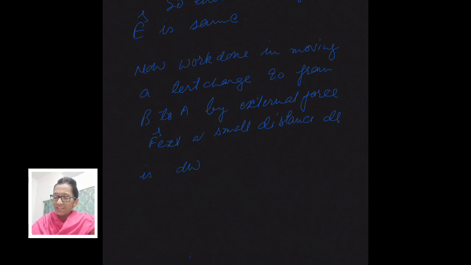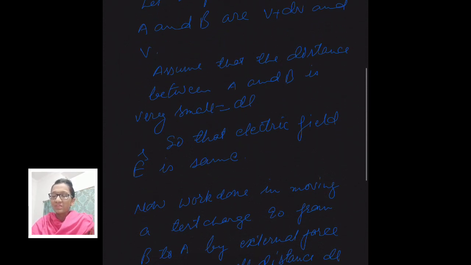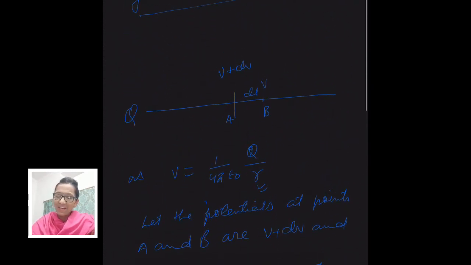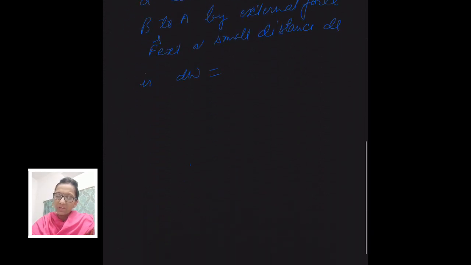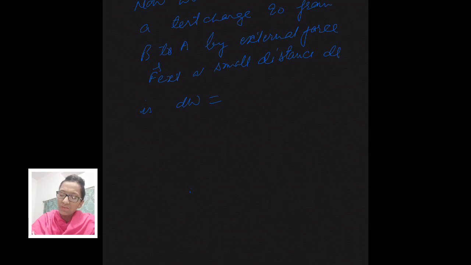Now see here, the two charges, one is Q and the other is small q naught, both of the same sign. So if some external body is bringing it near to capital Q, then it will have to do some positive work. This will be positive.